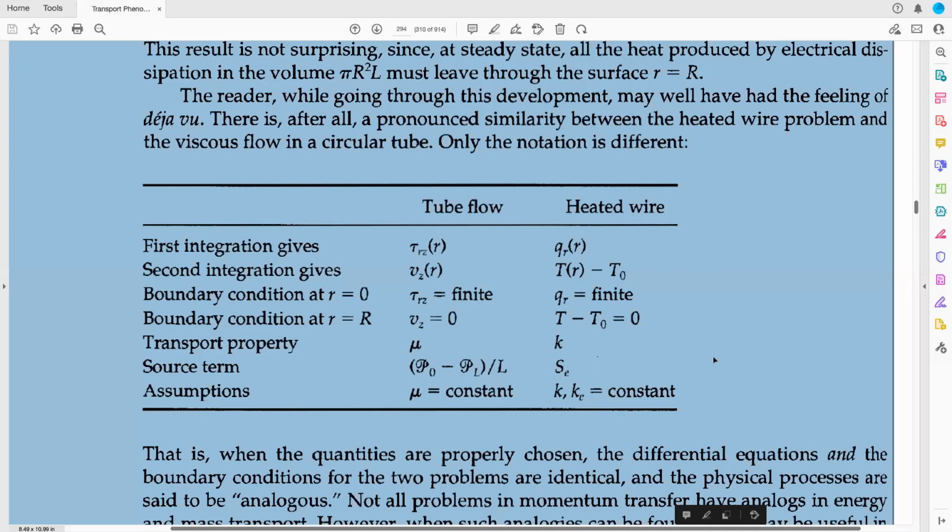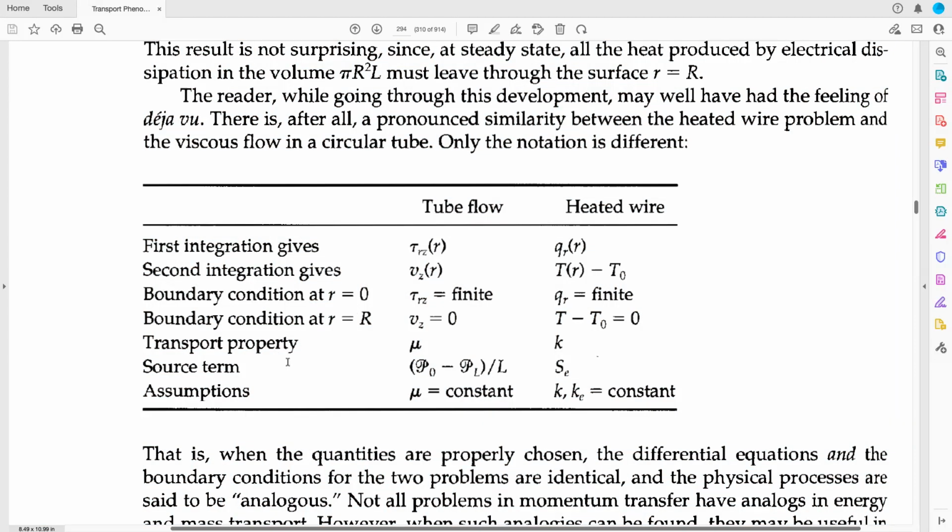Then we can see the transport properties. For momentum transport we use mu, the viscosity, while for heat flux we use k, the thermal conductivity. I think this can answer your question, Kevin.